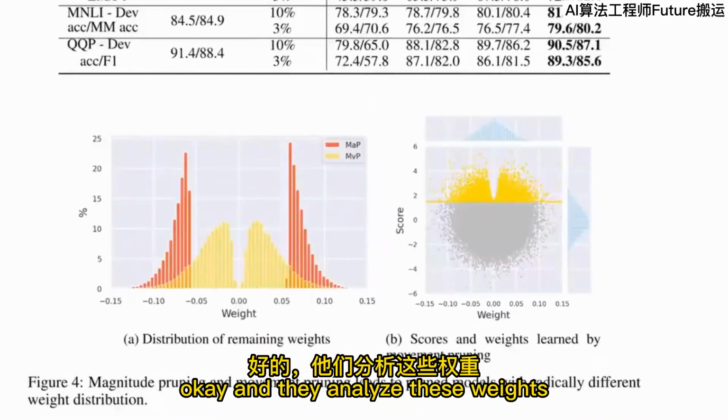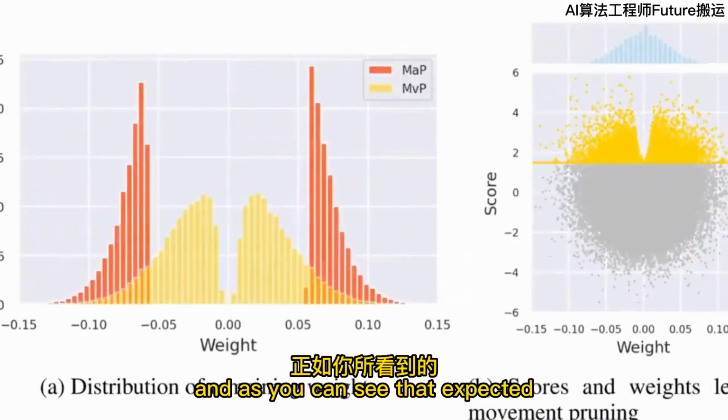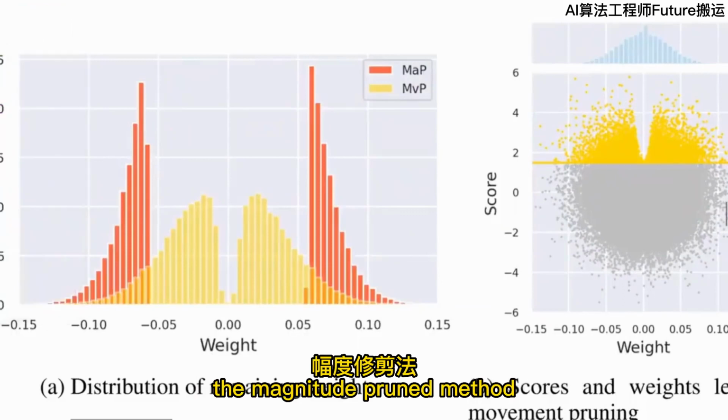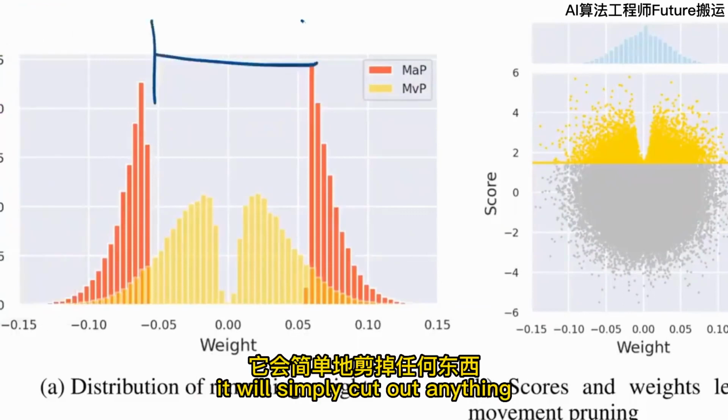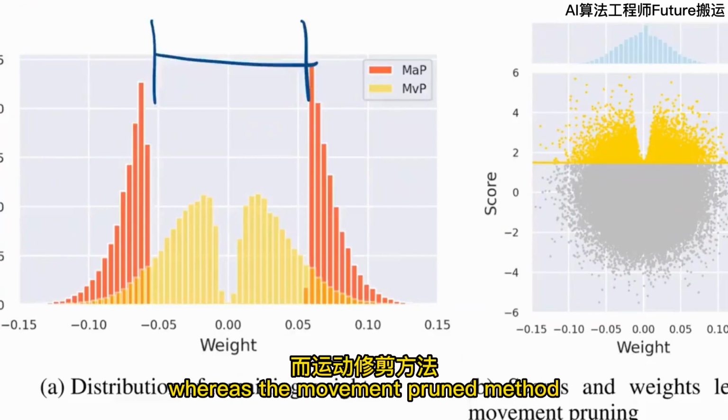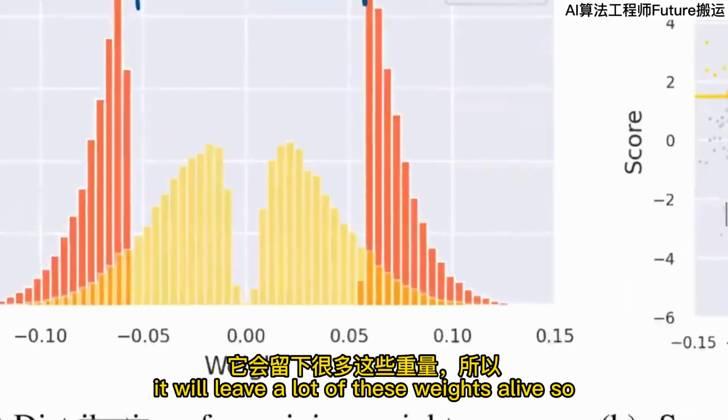Okay, and they analyze these weights, and as you can see, as expected, the magnitude pruned method will simply cut out anything right here. Right? That's not a surprise. Whereas the movement pruned method will leave a lot of these weights alive.